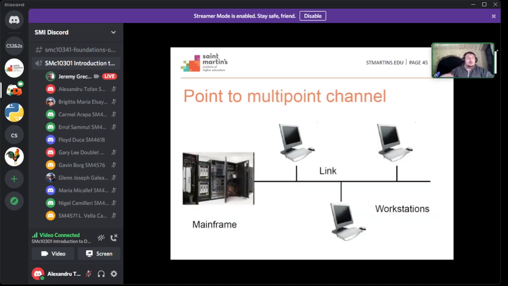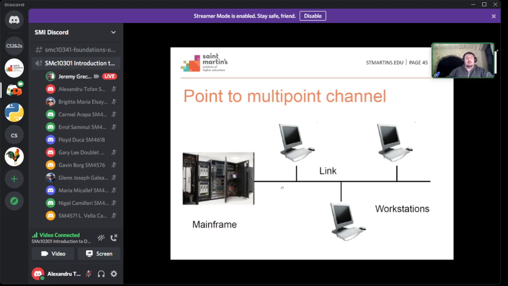Another form of communication would be the point-to-multipoint channel. So from one source, you could have multiple destinations. An example would be a mainframe which is connected to a number of workstations across a particular link.